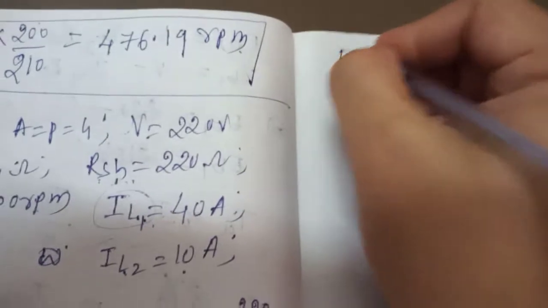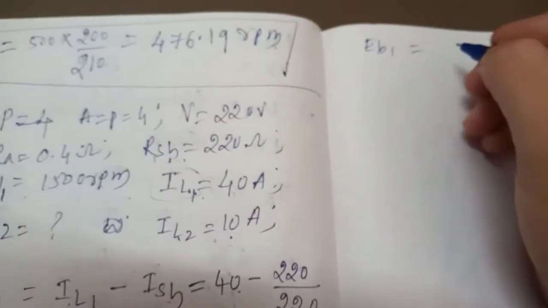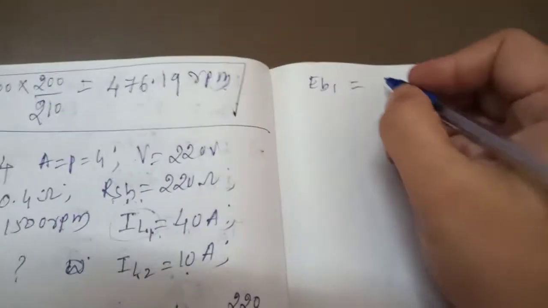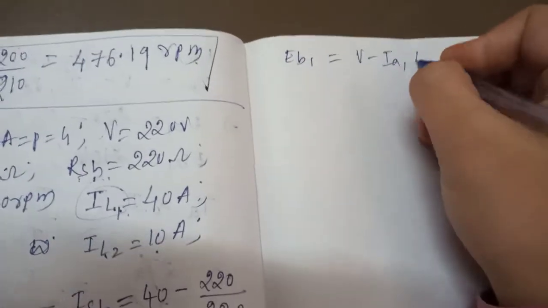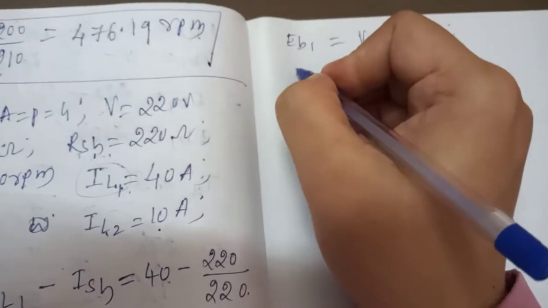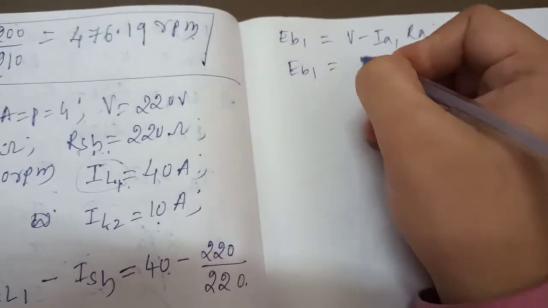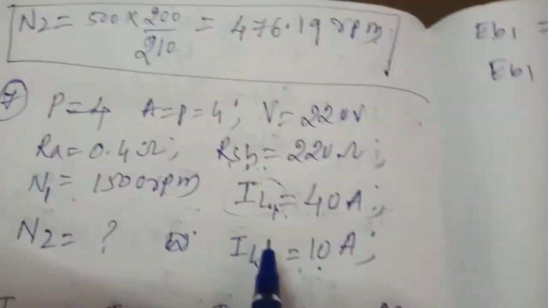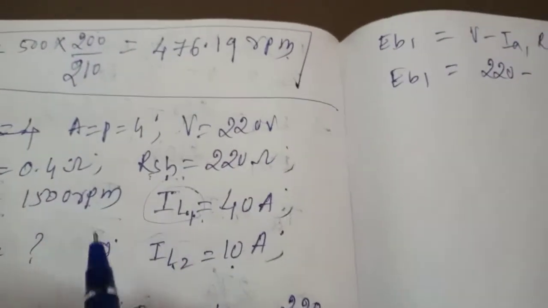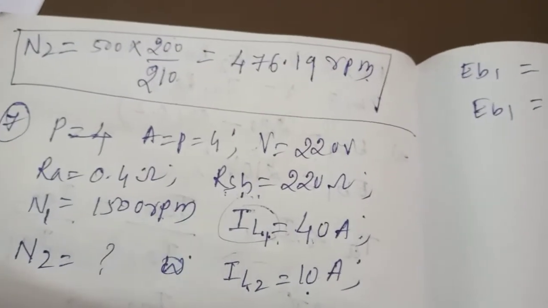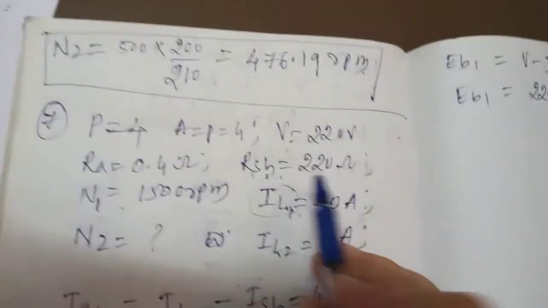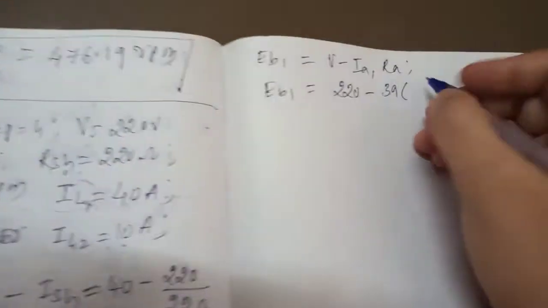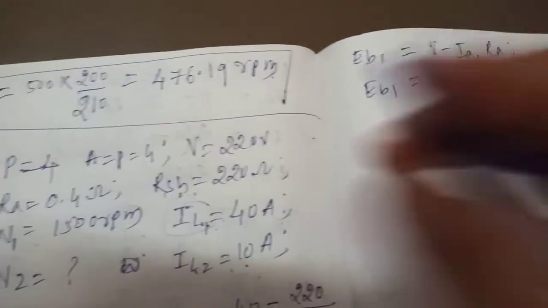Similarly, EB1 is equal to V minus IA1 RA. So EB1 is equal to 220 minus 39 into 0.4 ohms.